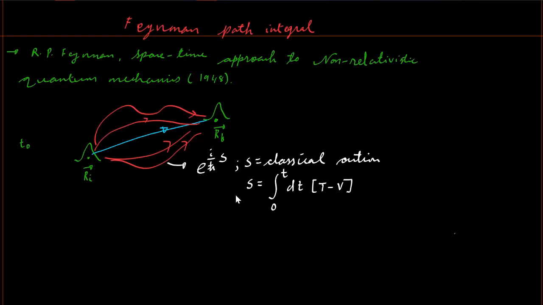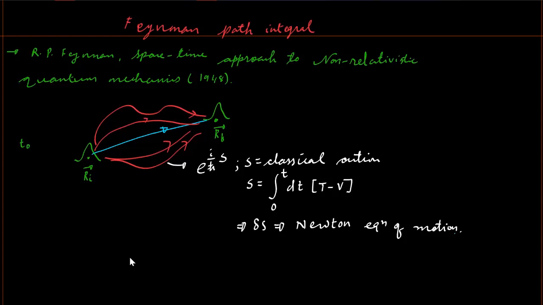Okay, so in classical mechanics, if we vary this action, that is delta S, and minimize this action, then we get Newton's equation of motion, right? This is for the classical particle, Newton's equation of motion.